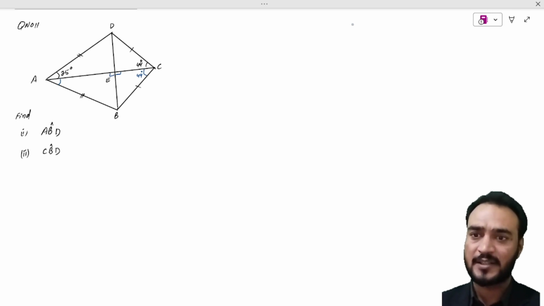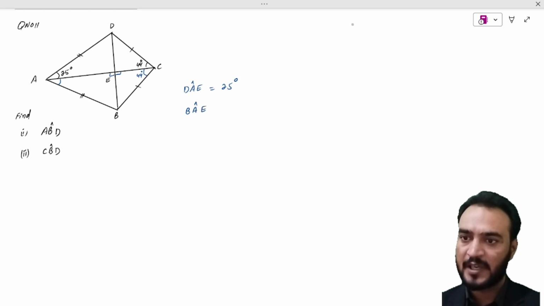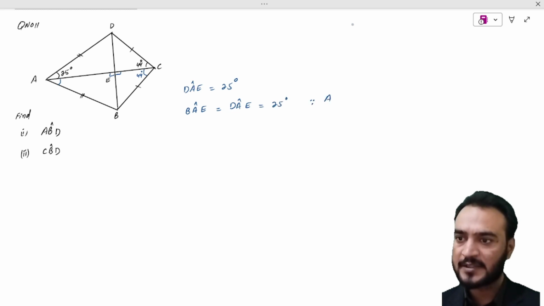So let us write this information over here. The angle DAE is equal to 25 degrees, then angle BAE will be equal to the angle DAE, and these two angles are equal to 25 degrees, because AC, the diagonal, bisects the interior angles.